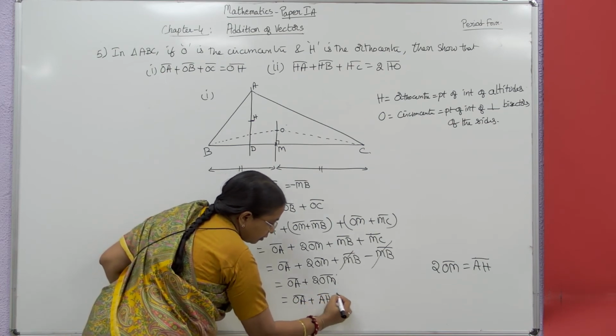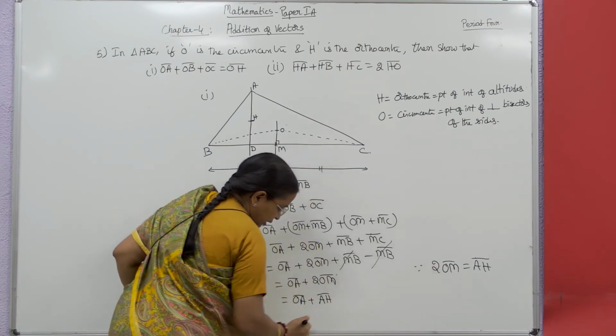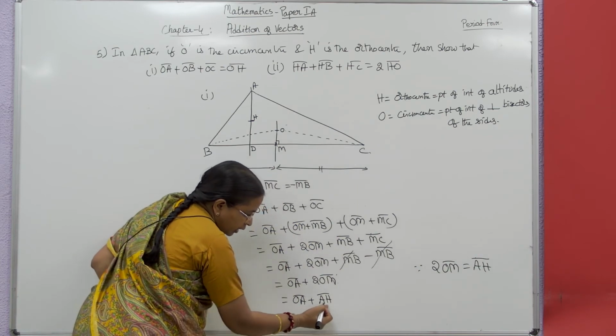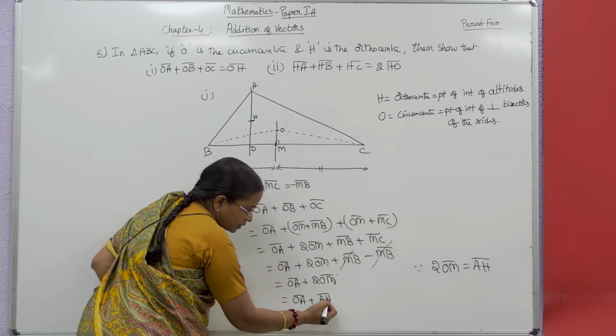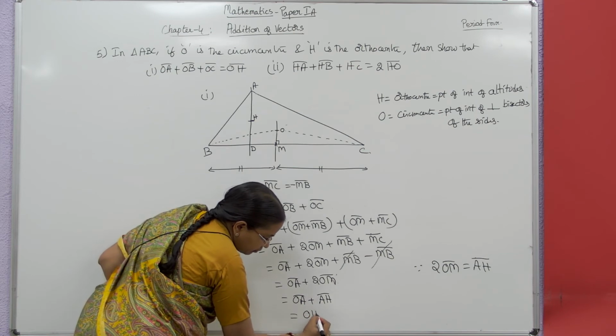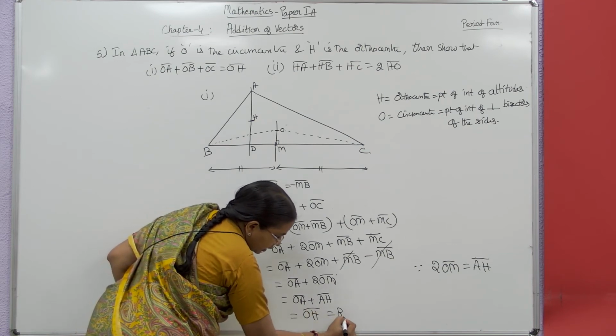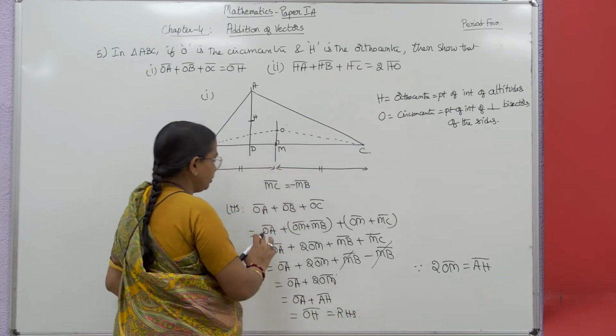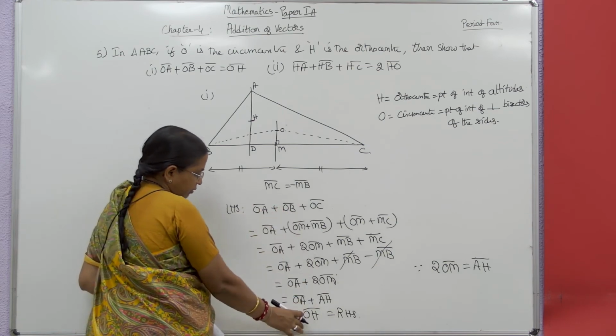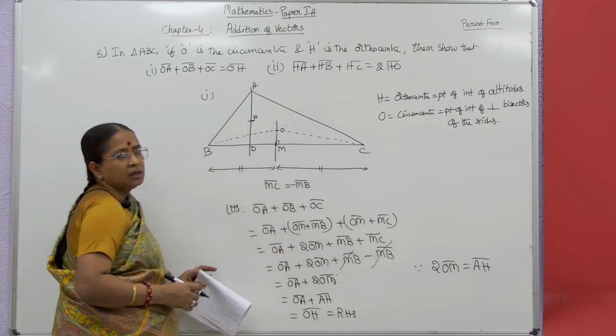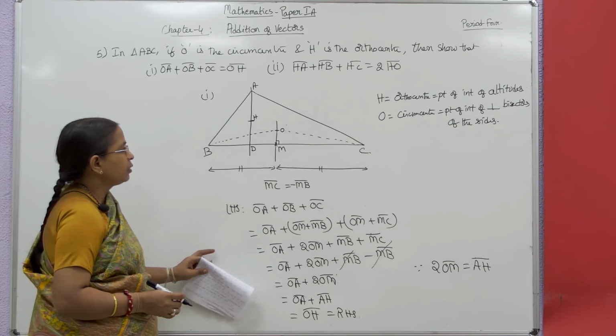Now OA and AH are in continuation, so OA plus AH is nothing but OH, which is the right hand side. So we proved that the left hand side is equal to the right hand side. This problem is very, very important.